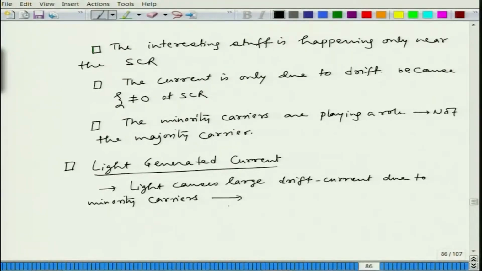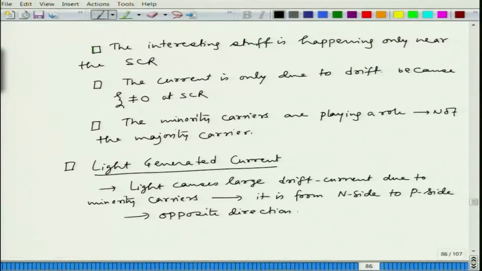And very important, very subtle also, the drift current is always in the opposite direction of the bias, right. So, it is from the N side to the P side, opposite to the direction of the forward bias.